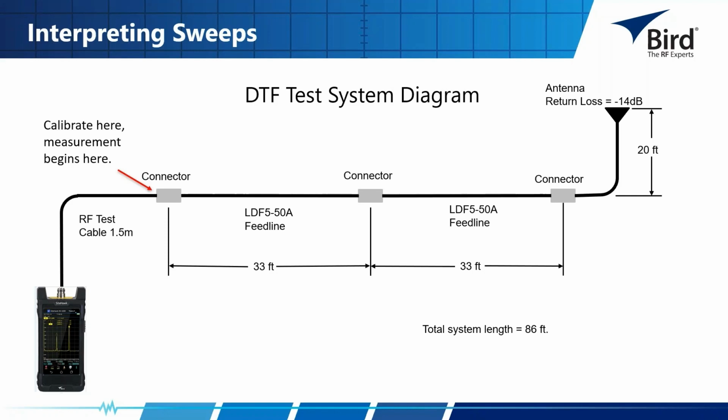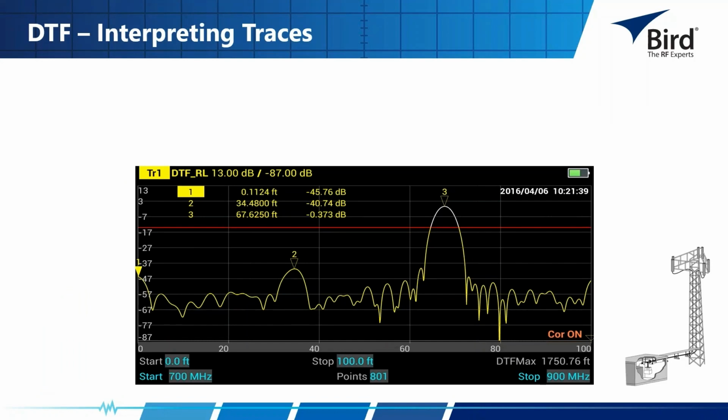So try and remember that if you can, but I will prompt you and help you remember as we go through some sweeps. So here I have a sweep. I've set up my unit. I have set my starting frequency to 700 megahertz.